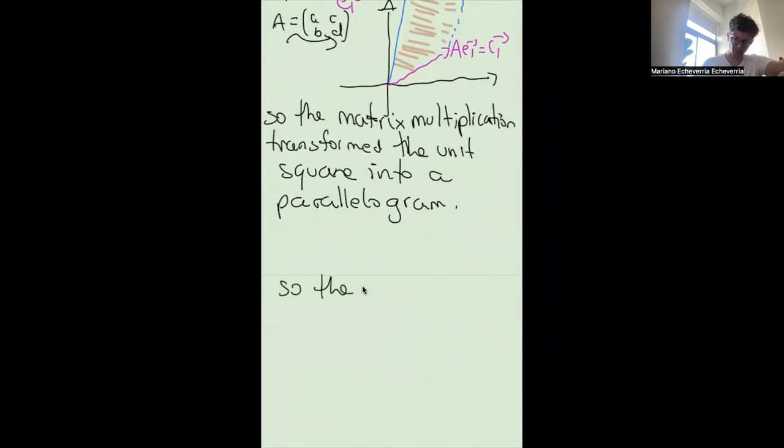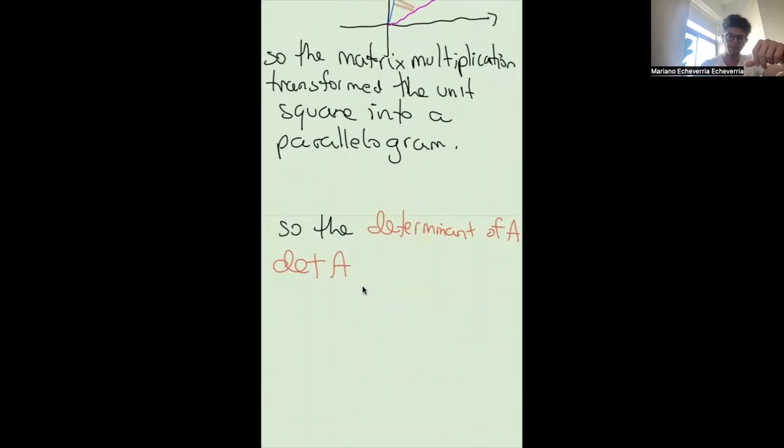The determinant of A, which is written det of A, is the usual name given to it. There's another notation with absolute values, but I find it more confusing. So I'll just always say that det of A is the area of the parallelogram formed by the columns of the matrix, whose sides are the columns of the matrix.